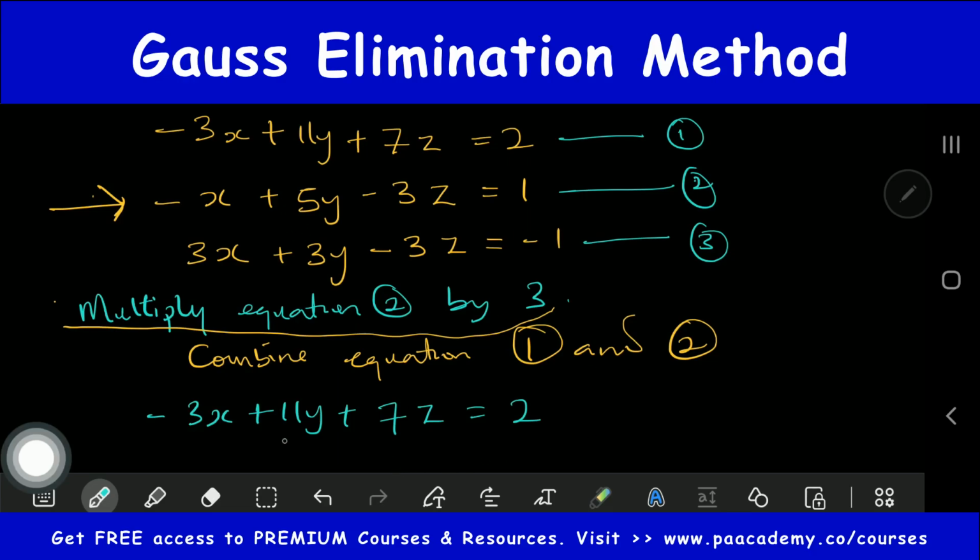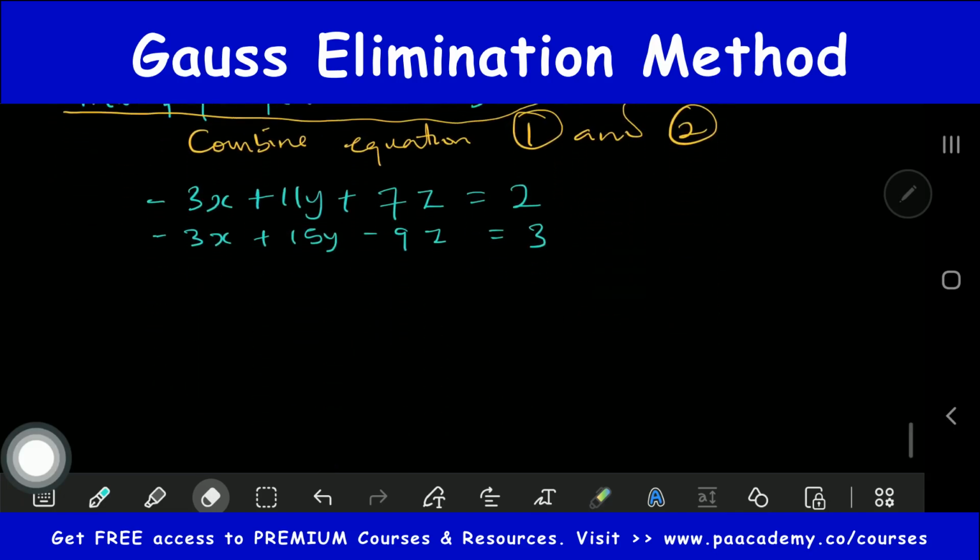For equation 2, which we are multiplying by 3, we are going to have minus 3x plus 15y minus 9z equals 3. This is our new equation 2, so I could just call it equation 4, but let's leave that. What we have here is similar to what we had before because we multiplied all through by 3, so don't let that confuse you.